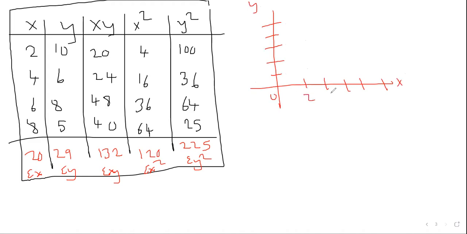So we got the coordinates: 2,8; 2,10; 4,6; 6,8; and 8,5. We put them there. As you can see, it is down sloping.